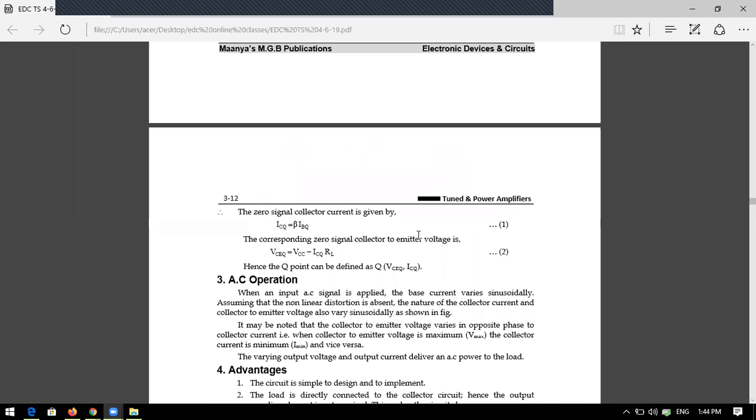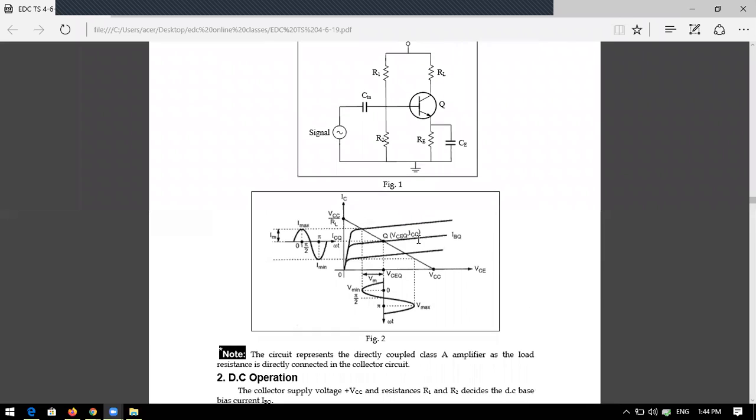What is the zero signal current, ICQ? ICQ equals beta times IBQ, beta times the base input current. The corresponding collector to emitter voltage is VCEQ. How do we get VCEQ?